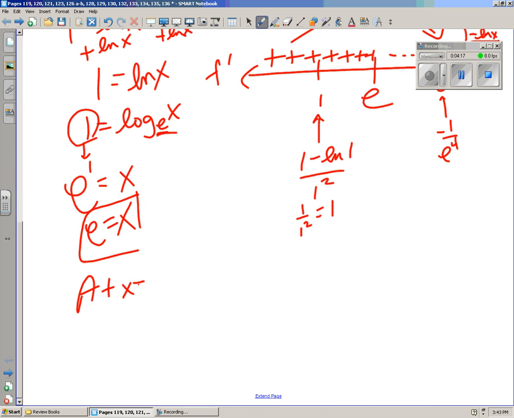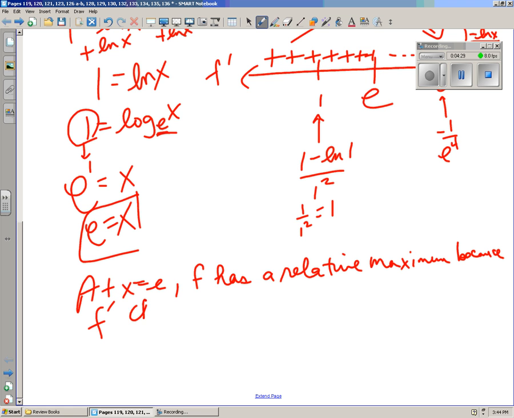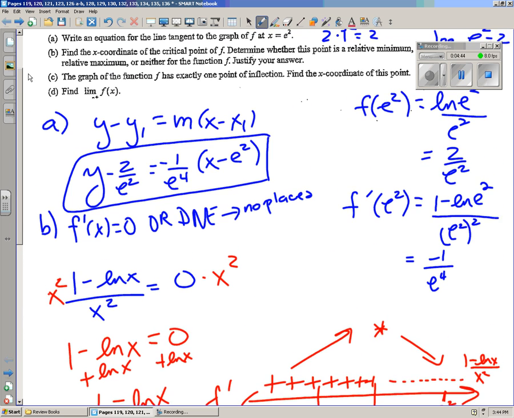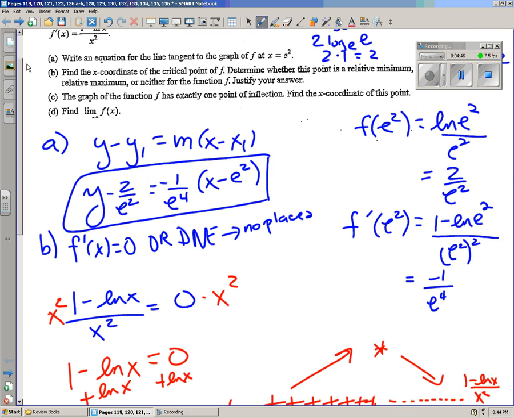At x equals e, f has a relative max because f prime changes from positive to negative. There's your part B.